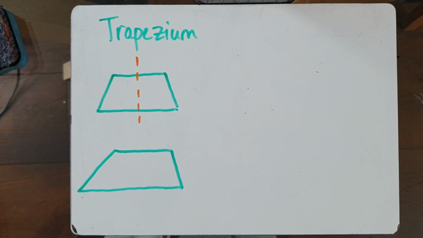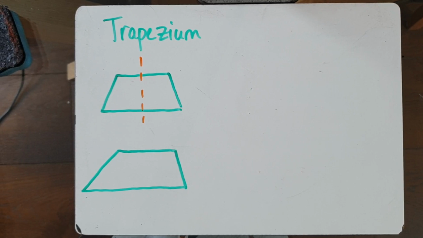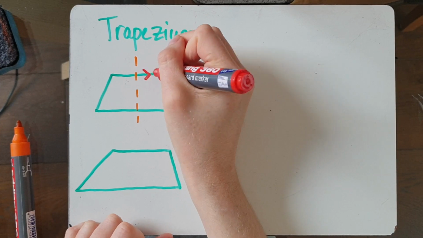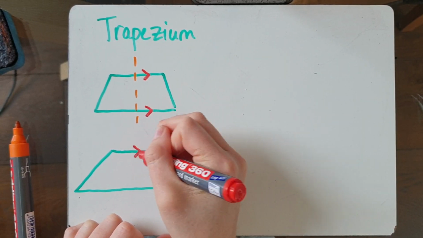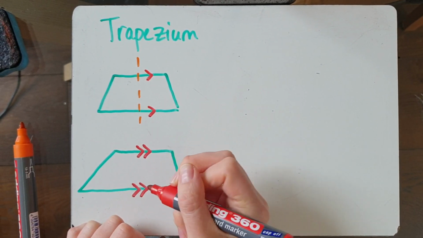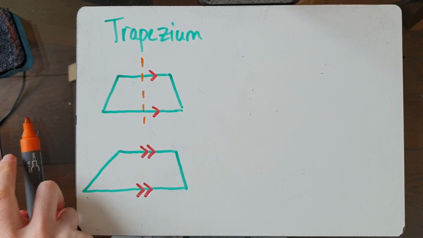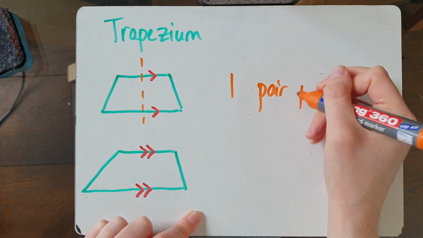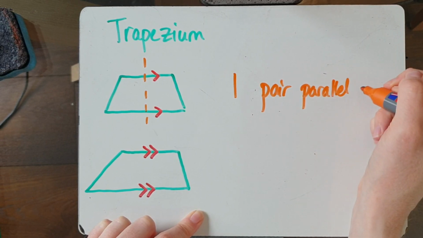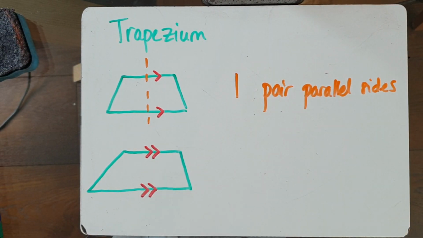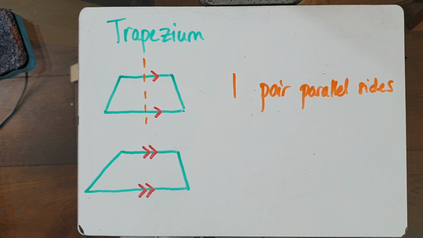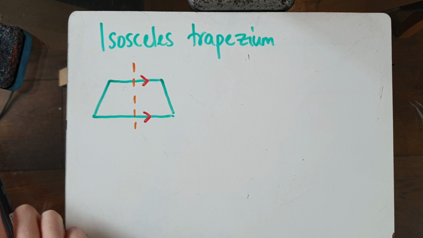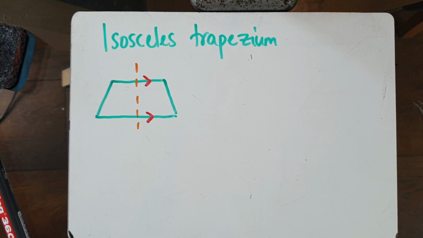In fact, a trapezium only has one condition, and that is that it has a pair of parallel sides. So trapezium, one pair of parallel sides, and that is the only condition that it has. Copy that down, please.